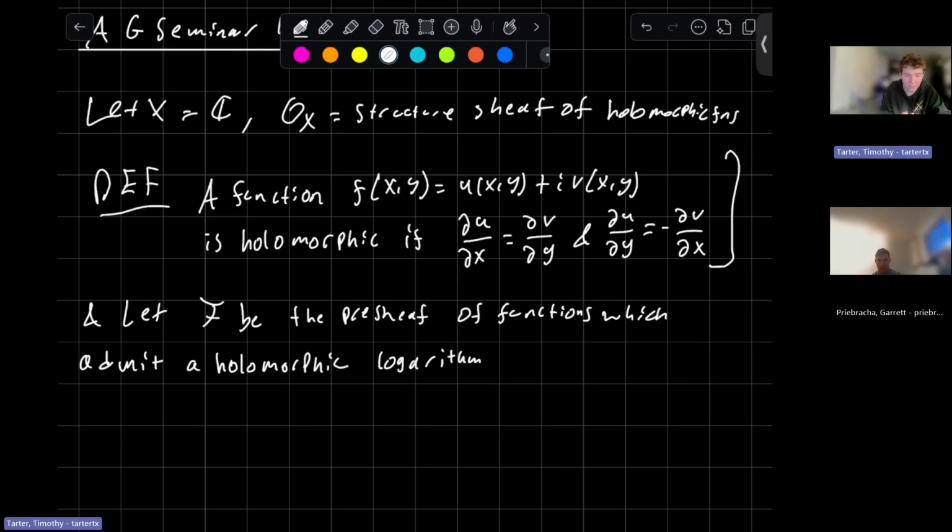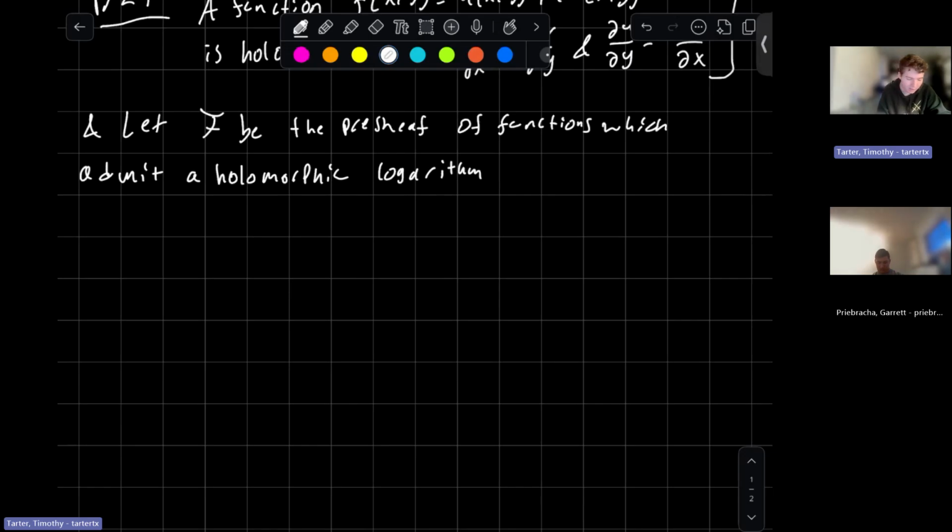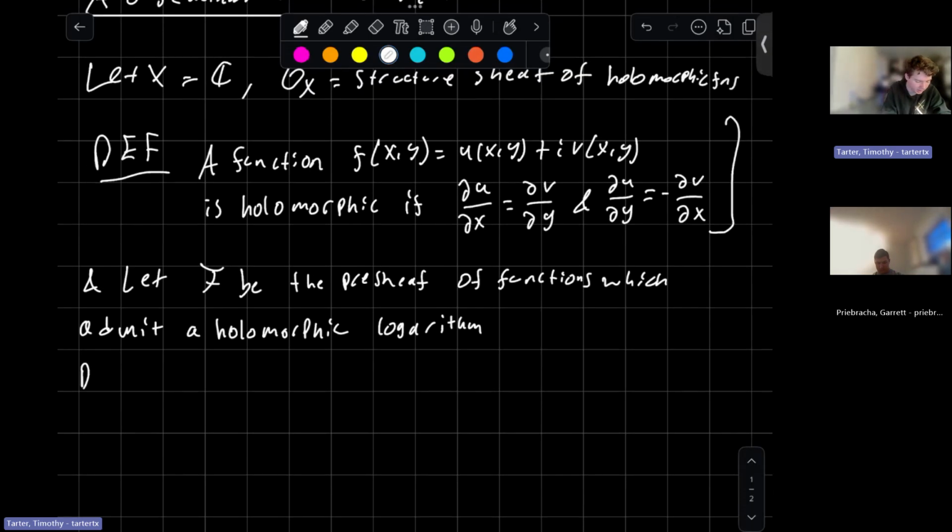Okay, so now we get to another important definition from complex analysis.